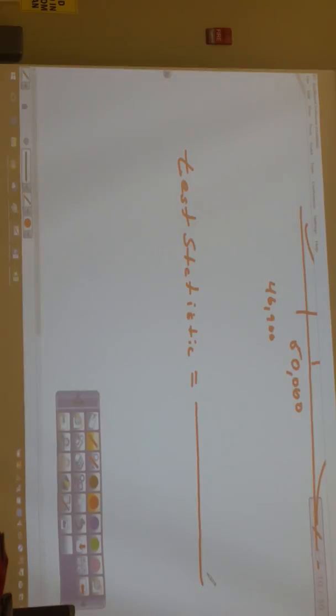The only difference is, it's going to be whatever my X value is minus the mean divided by the standard error.